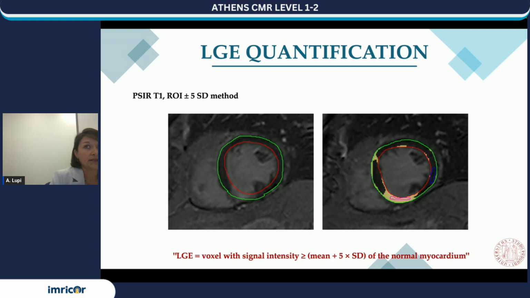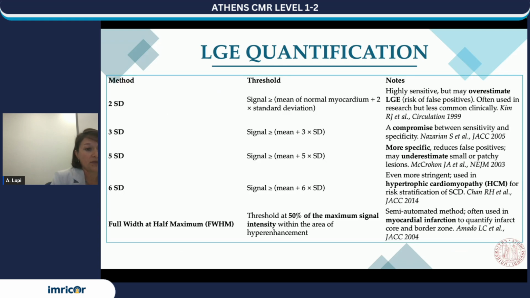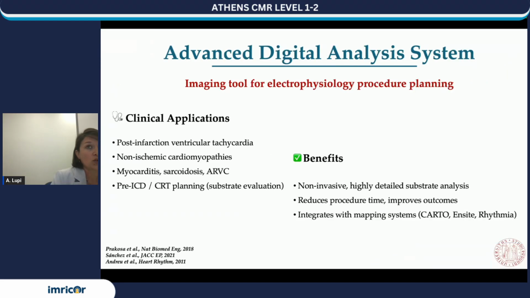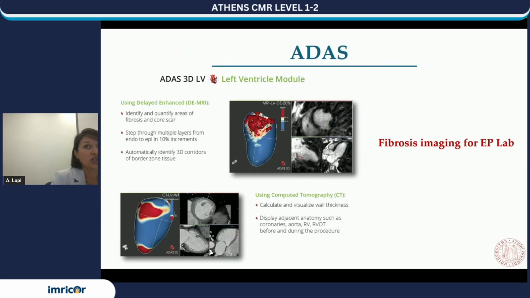This method has shown higher specificity compared to other methods, so it is the most used in clinical routine. There are also advanced analysis systems available today, often used in electrophysiology for the quantification of fibrosis, starting from CT or MR imaging, aiming to identify also electrically active regions.